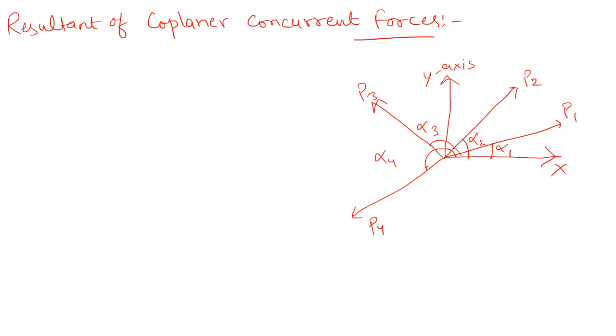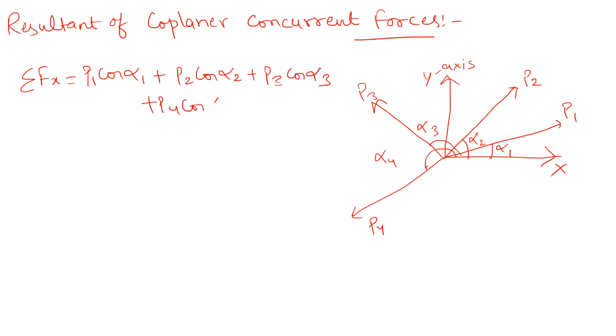So how can you find the resultant of coplanar forces? In order to determine the resultant, first you should find the total force acting horizontally. What is the meaning of horizontally? It means you resolve all the forces along the x-axis. For P1 it is P1 cos alpha 1, for P2 it is P2 cos alpha 2, P3 cos alpha 3 plus P4 cos alpha 4.